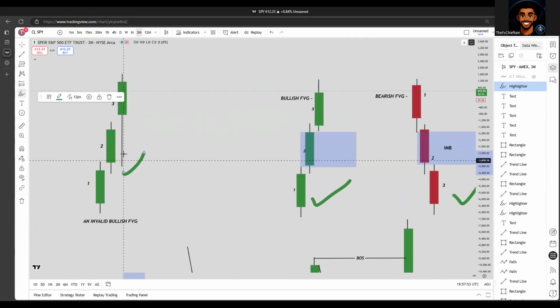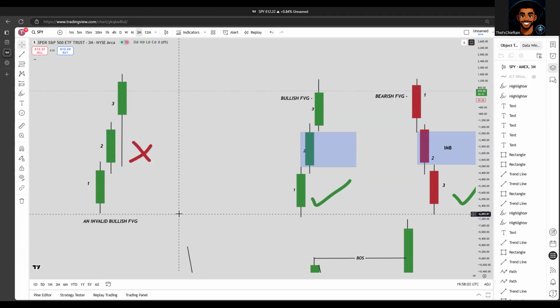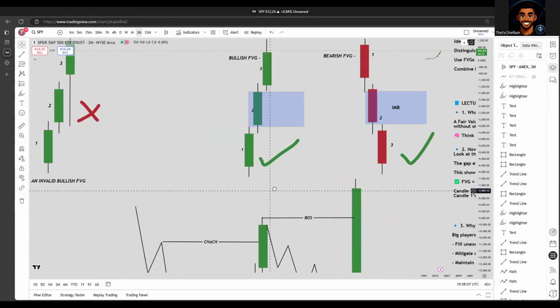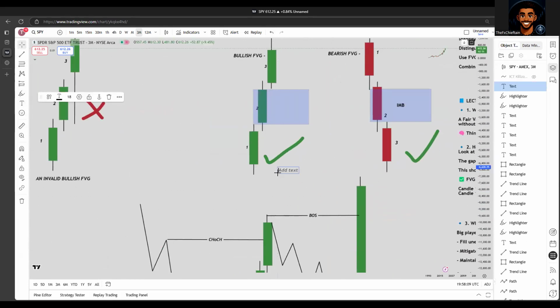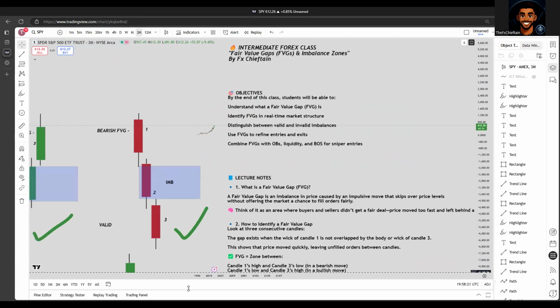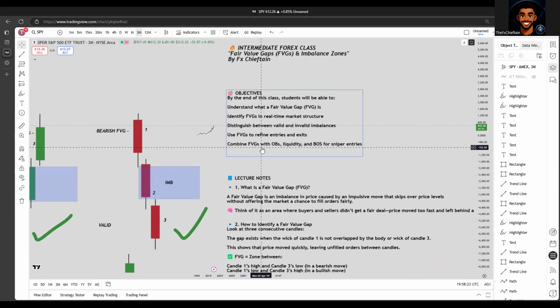So I'm just going to use my marker and let's take it back. All right, this is invalid. This one is valid towards the order block. Those guys are valid. All right, so guys, we've been able to do that.